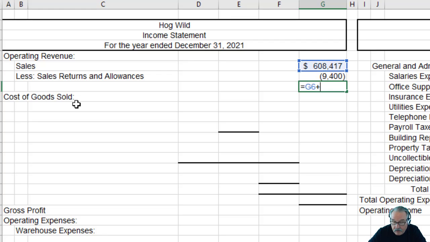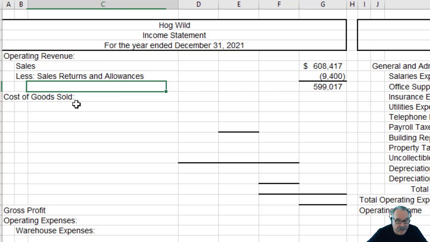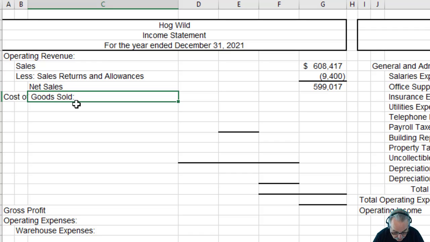So our net sales is $599,017. We didn't have any sales discounts. If we did, we would include them as well. They would subtract out from sales to get net sales. But in this particular case, we don't have any sales discounts.